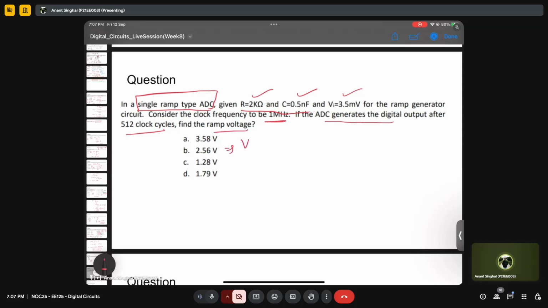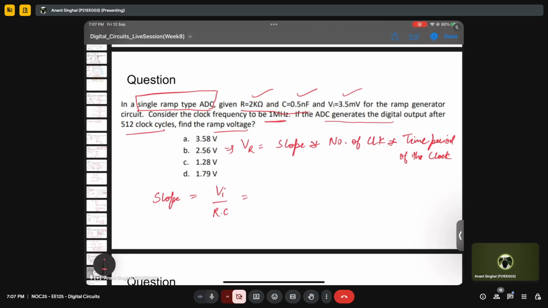I'll give you the direct formula: the ramp voltage is slope times number of clock cycles times time period of the clock, and the slope is V by RC.